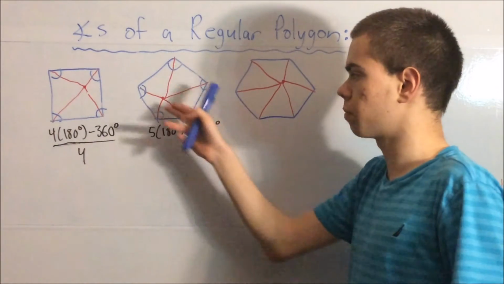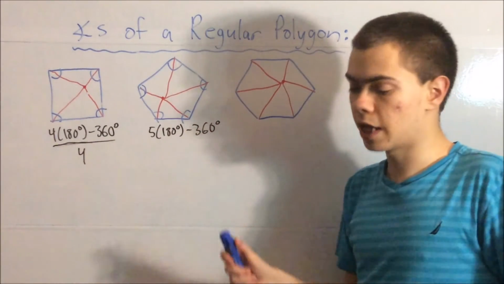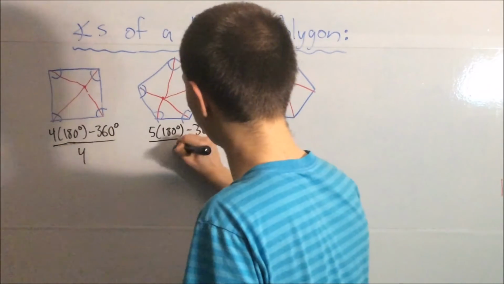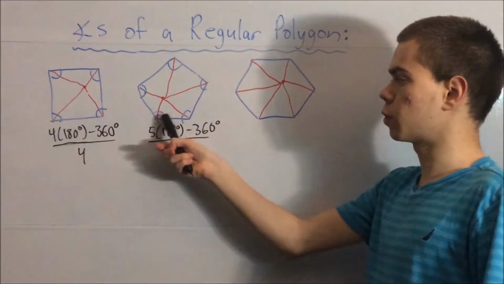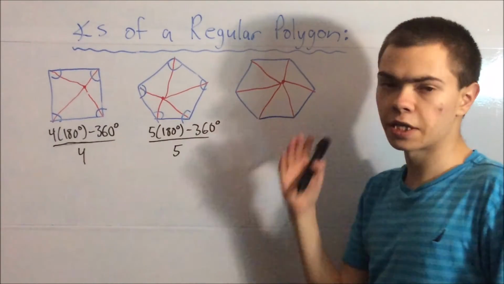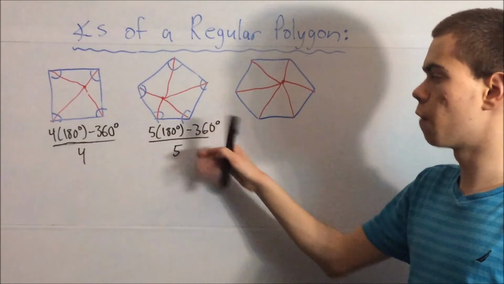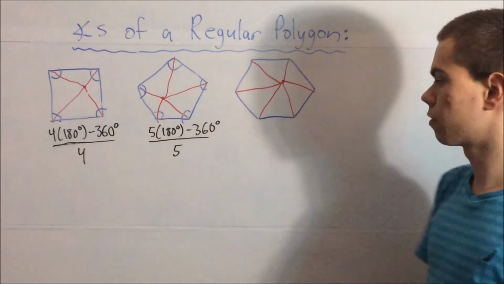Since all the angles are the same measure, all we have to do now is divide by 5, because we have a total of 5 of those angles. That would give us the measure of one of those angles in our pentagon.